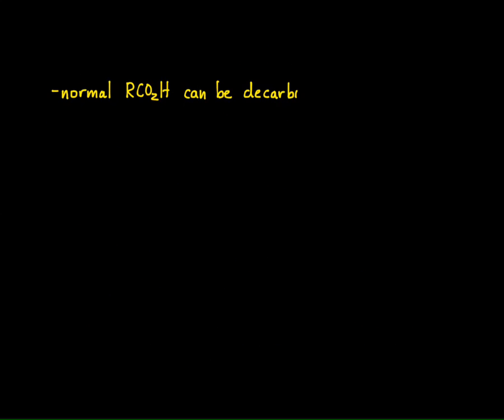Now, normal decarboxylation doesn't occur using other types of carboxylic acids other than the beta-keto acids or the 1,3-dicarboxylic acids. However, there are certain carboxylic acids that can be decarboxylated by electrolysis.